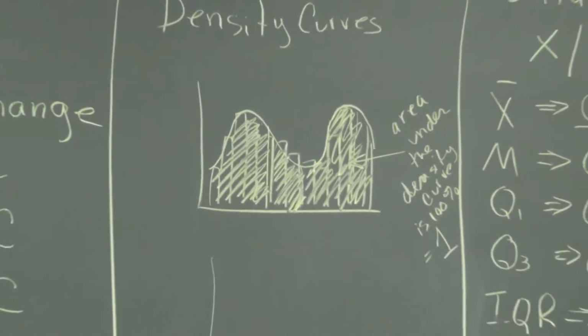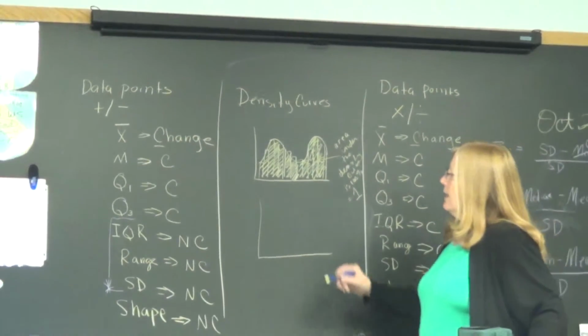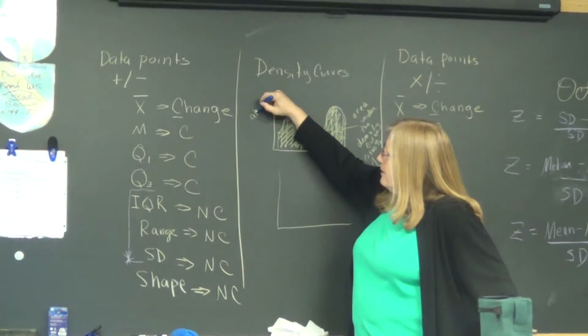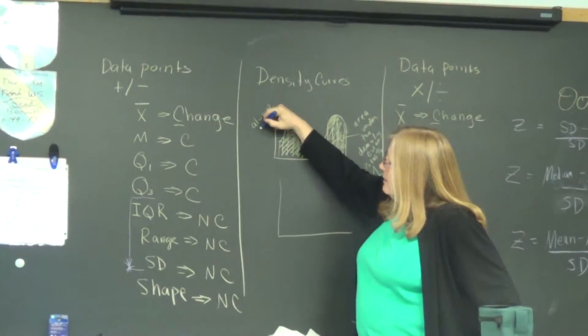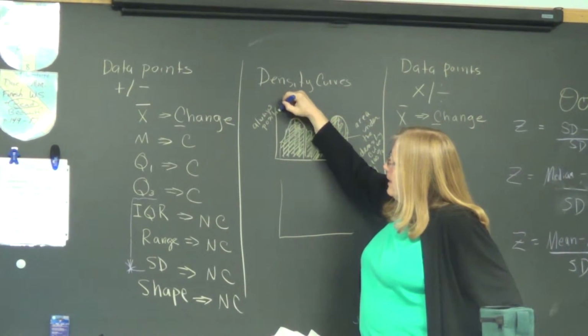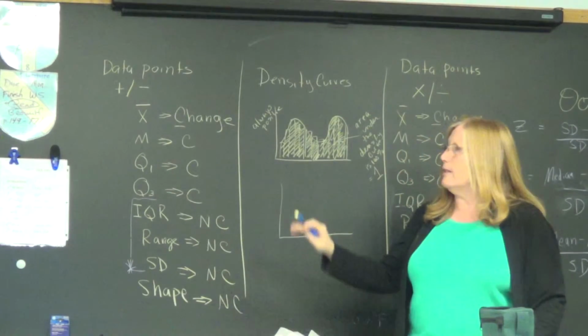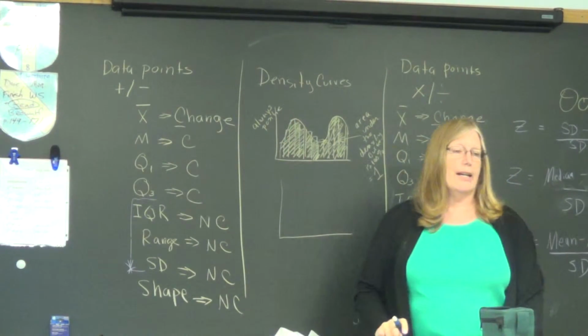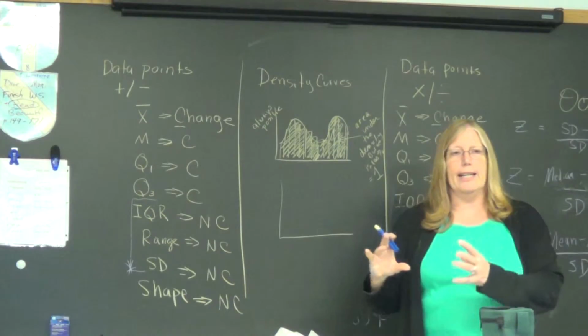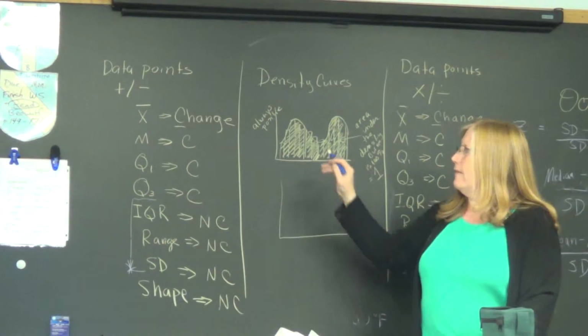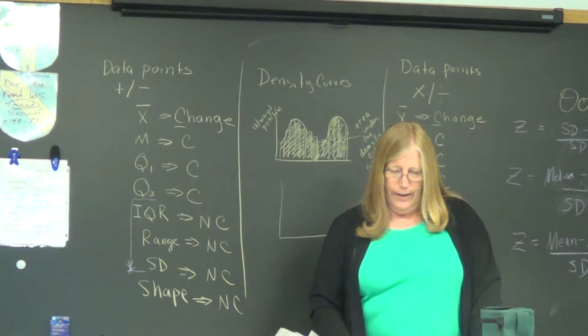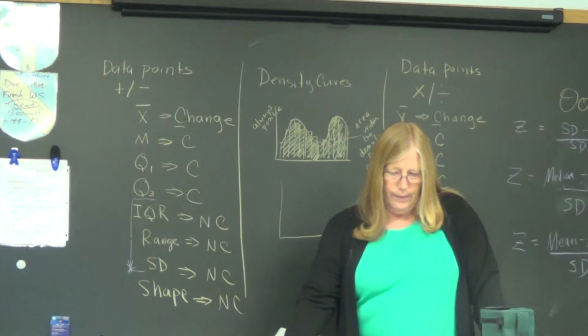So the area under a density curve is 1, and the density curve is always positive. Always positive, because this is a frequency curve, so how can you have a -2 number of anything? So we've got to have a positive curve, and the area under the curve is 1.